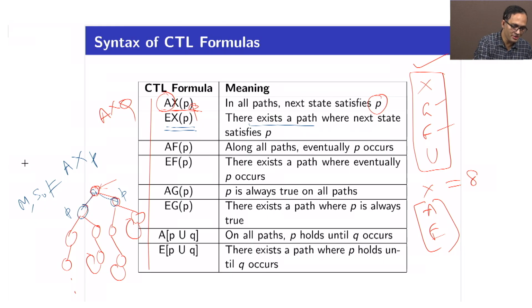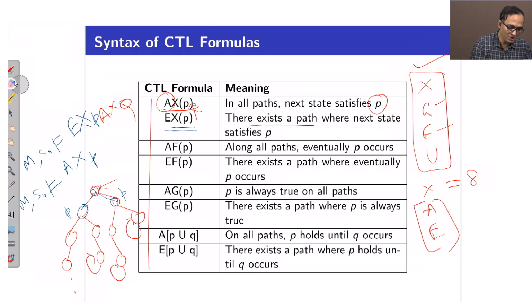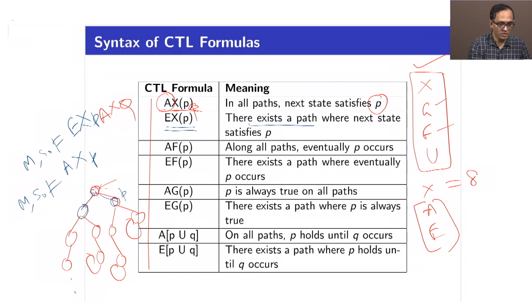So, I can write here M, S0 satisfies EX as well, right. Now, it may be the case that not all states have this; I have this true in only one state. I have only one next state where P holds.